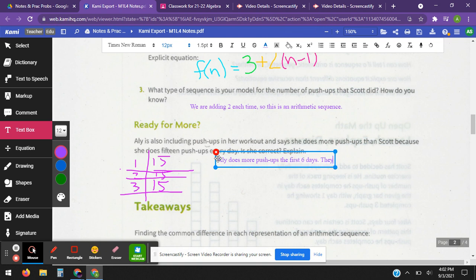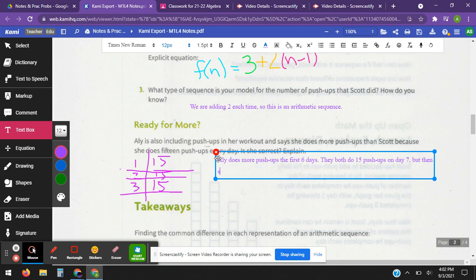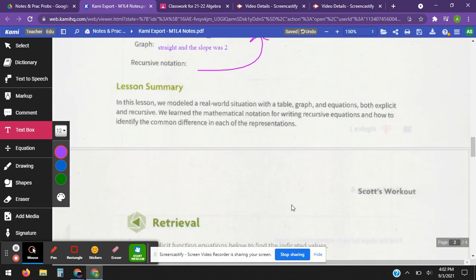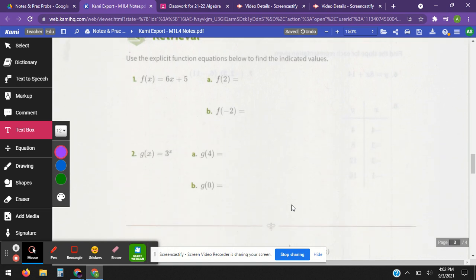They both do 15 push-ups day 7. But then Scott does more push-ups each day after that. So Allie does to start with, and then after that, Scott's ahead of her. Nice try, Allie.